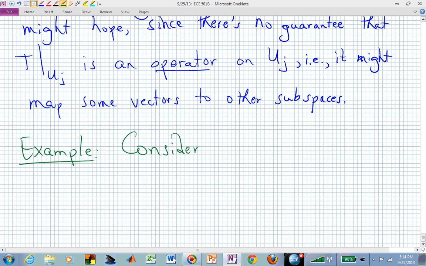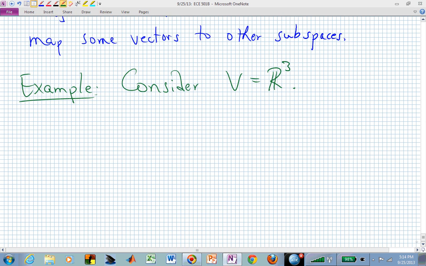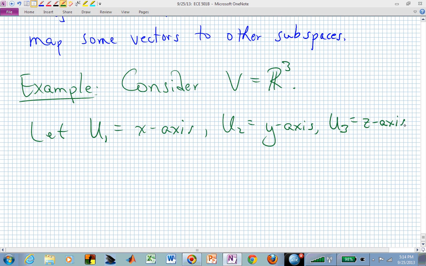Here, let's consider the following. Suppose that we're working in this three-dimensional space, and we let U1 equal the x-axis, U2 is the y-axis, and U sub 3 is the z-axis.